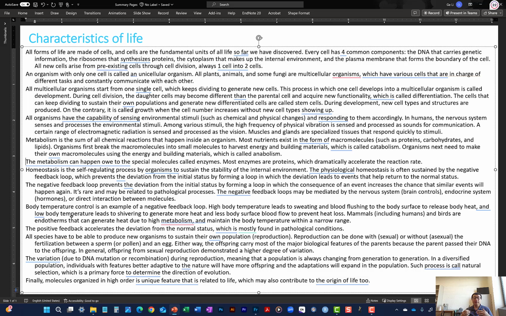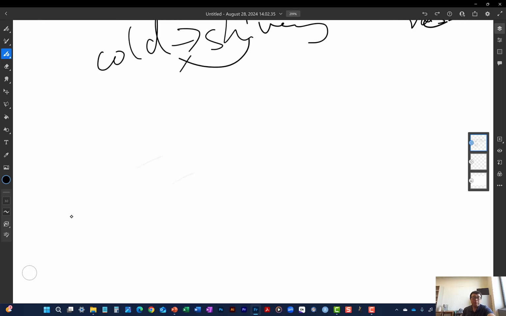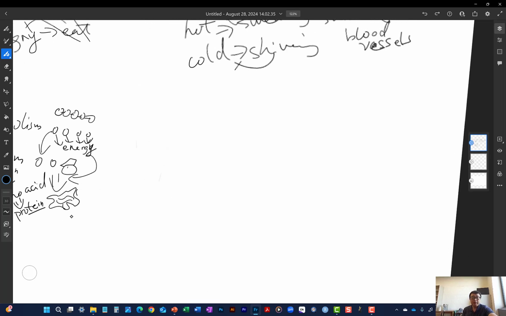They can evolve to fit only one narrow range of temperature. So that's the benefit of being endothermal animals.